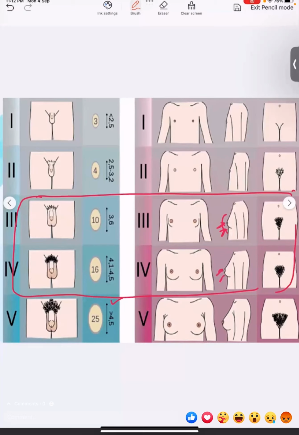Next, what are the labs? What we find on the labs is this central or benign variant. For confirmation, in case of central precocious puberty, the LH level is raised, and we see the estrogen level.